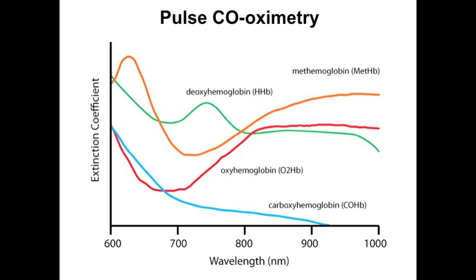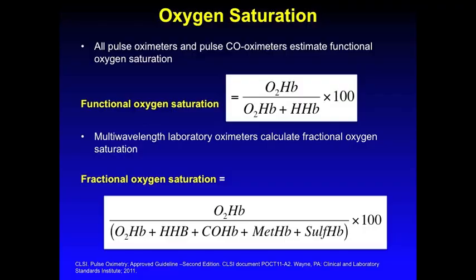Here we have illustrated the absorption spectrum of oxyhemoglobin, deoxyhemoglobin, methemoglobin, and carboxyhemoglobin. The presence of additional hemoglobin will cause errors in the SpO2 readings of pulse oximeters. In contrast, laboratory oximeters use multiple wavelengths to measure functional oxygen saturation as well as dyshemoglobins.